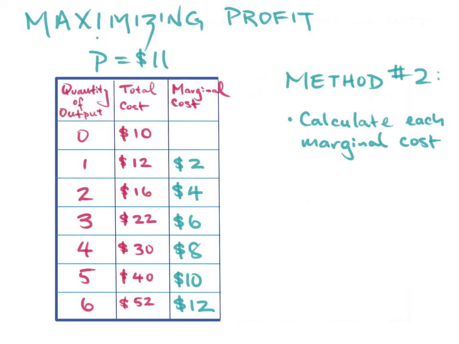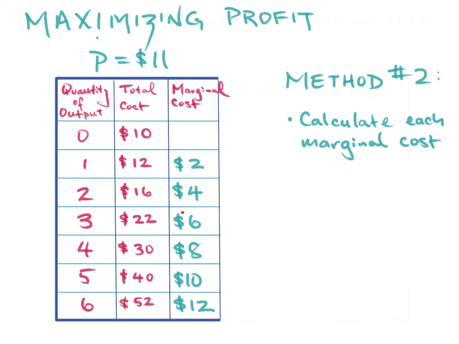Here are those marginal costs. The first widget increases the costs of production by $2. Increases the cost of production from $10 to $12, so increases total cost by $2. Second widget increases costs from $12 to $16. In other words, it increases costs by $4.